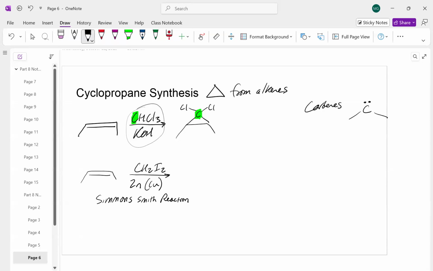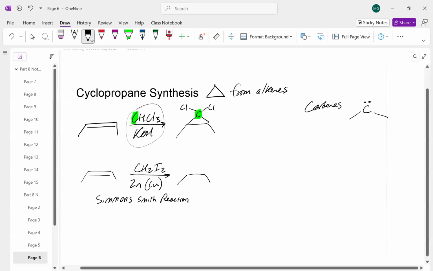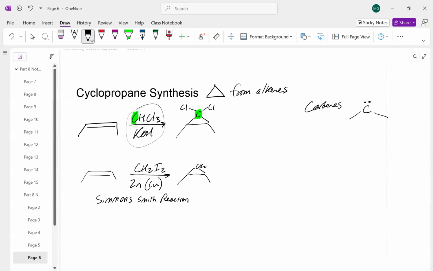You may want to take a quick look at it in your textbook. It does the same thing. It's just that you don't end up with any halogens on the carbon. So this carbon right here is this carbon right here. All right, so very quick, very easy. All you're doing is making a cyclopropane ring across the alkene.